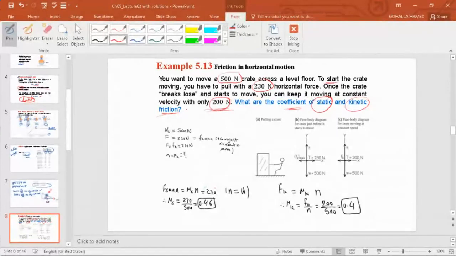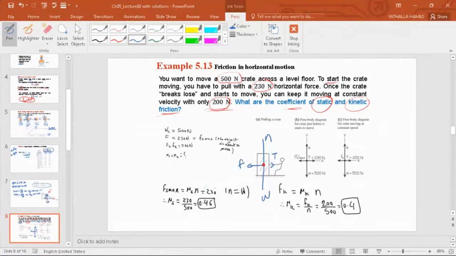So in both cases here, if you go to the center of the mass and you try to draw your free body diagram, the weight is down, the normal force is up, the tension is this way, friction will be opposing you the other way.